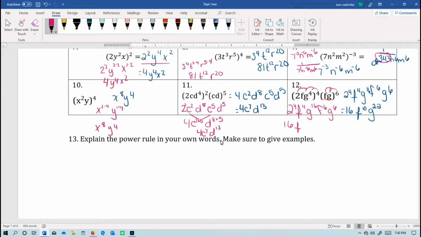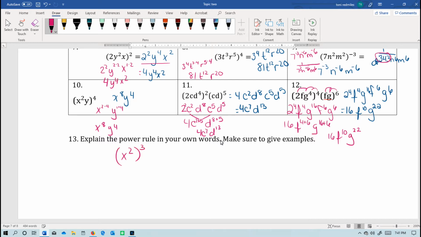Now I got to do the product rule, 4 plus 6. And for the g, 16 plus 6. My final answer after I do all that, oh, am I wrong? No, I'm not wrong. G to the 22nd.